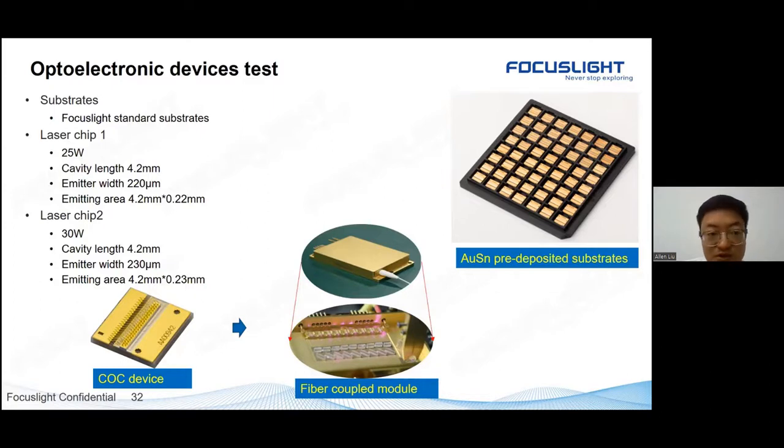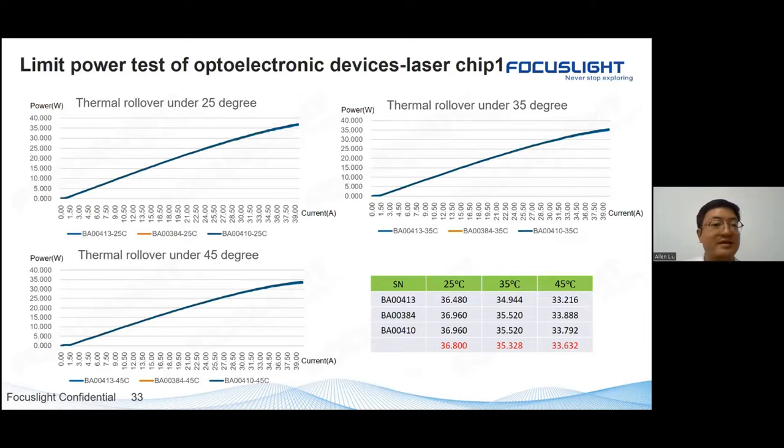The power is as high as 25 watt or 30 watt. You can see we got different results for different temperatures, 25 degrees, 35 degrees, and 45 degrees. You can see the profile is consistent, which proves the substrate is stable, even at higher current and higher temperature.